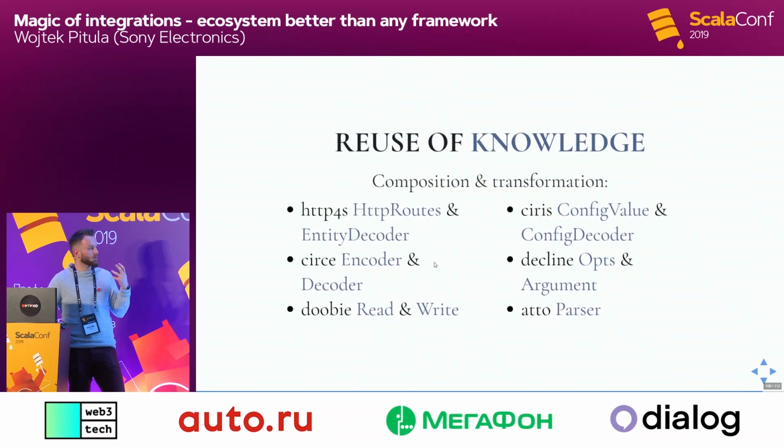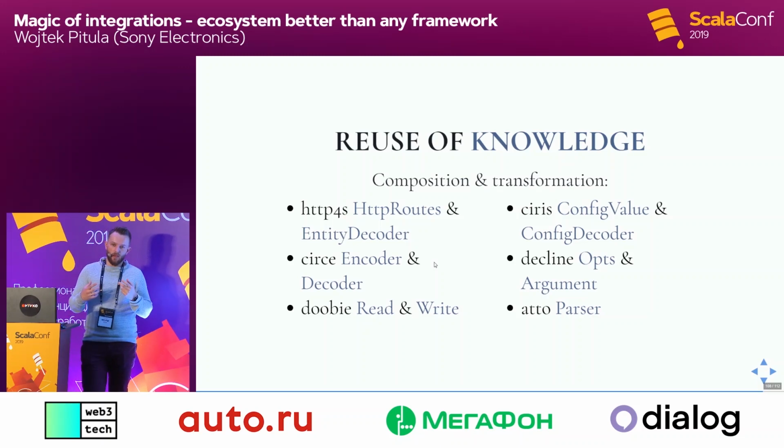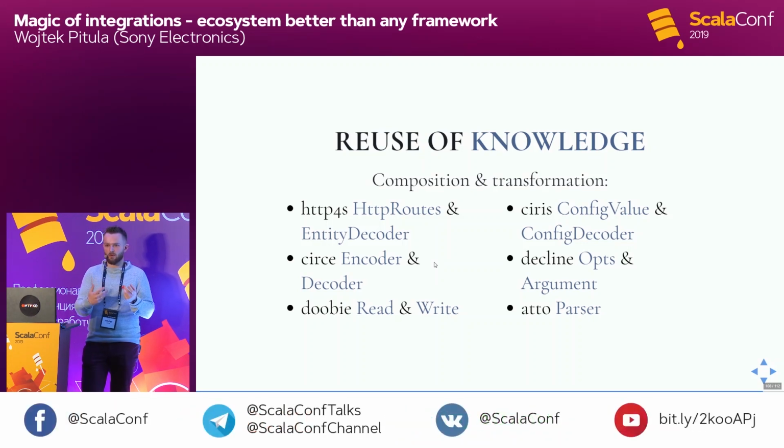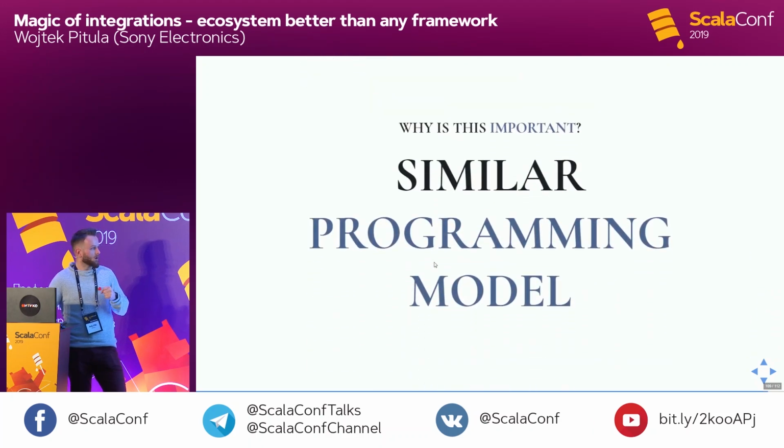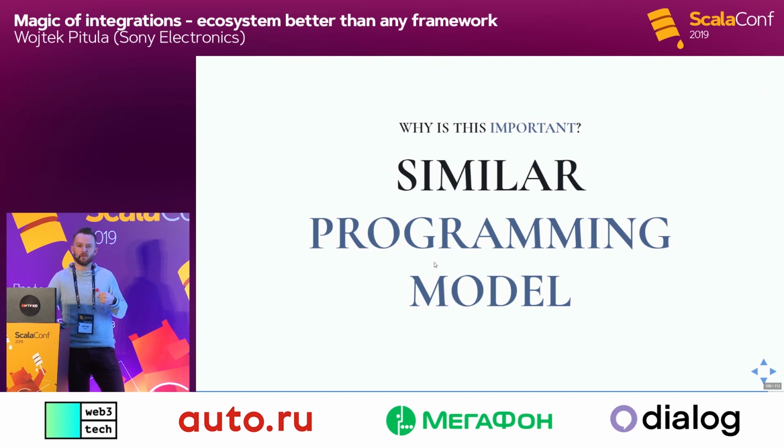Whenever you use one of those libraries, and you learn something, for example, about Cats or Cats Effect, or FS2, you can leverage that knowledge in another library that uses the same stuff. So you become more productive having a good ecosystem of libraries. But even more important is that all of those libraries share the same programming model, the same mindset.